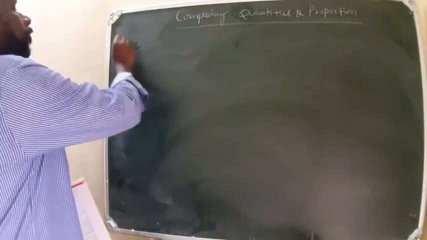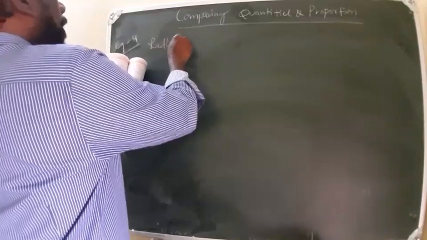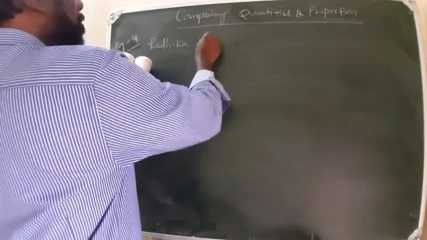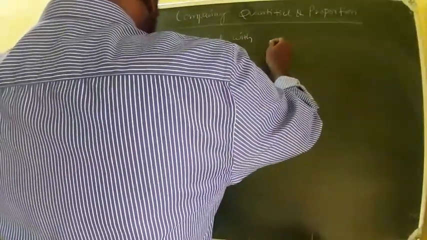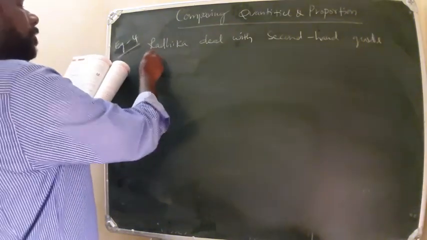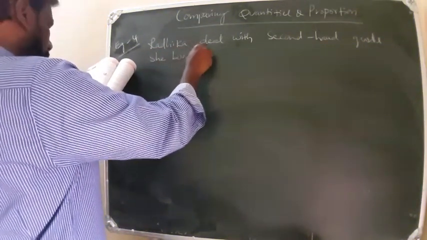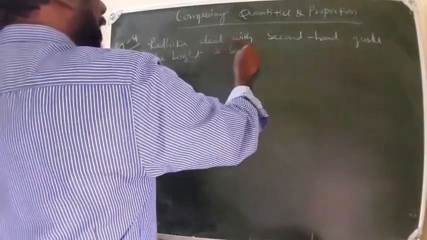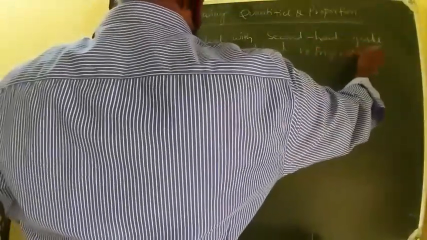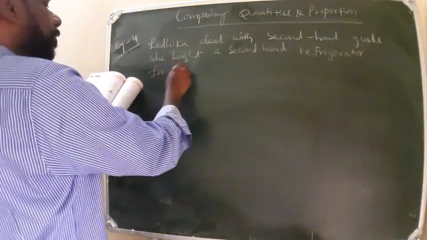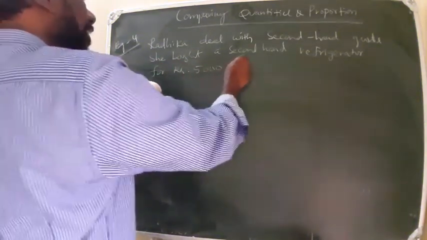So now example 4. Radhika deals with second-hand goods. She bought a second-hand refrigerator for rupees 5,000.